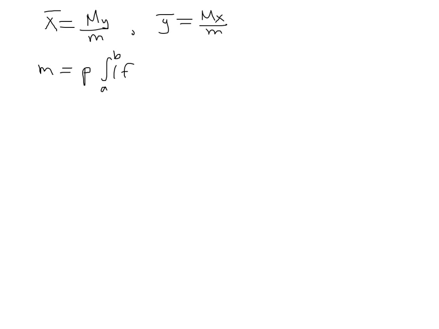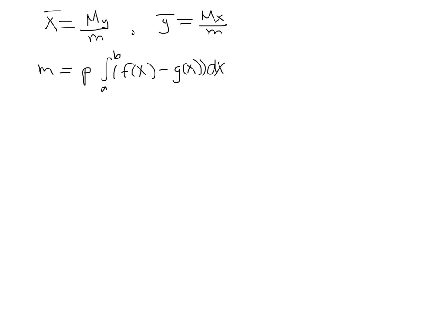Next, let's find x bar and y bar. So x bar is given by My divided by the total mass m, and y bar is given by Mx divided by the total mass m. So m is equal to rho times the integral from a to b of f of x minus g of x dx.